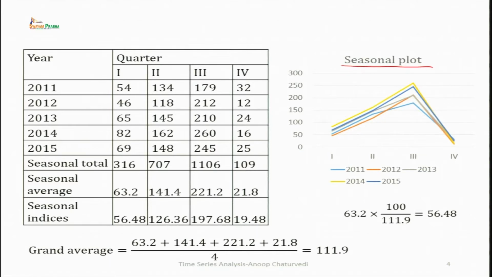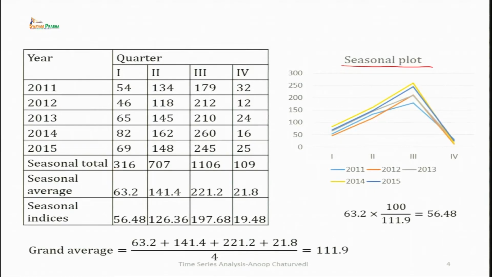To obtain the seasonal indices, we arrange the data year and quarter wise. So, corresponding to 2011, we arrange the observations of different quarters, 2012, we arrange the observations of different quarters, and so on. Then first we obtain the seasonal totals. So, we add all these observations and the final figure is 316.